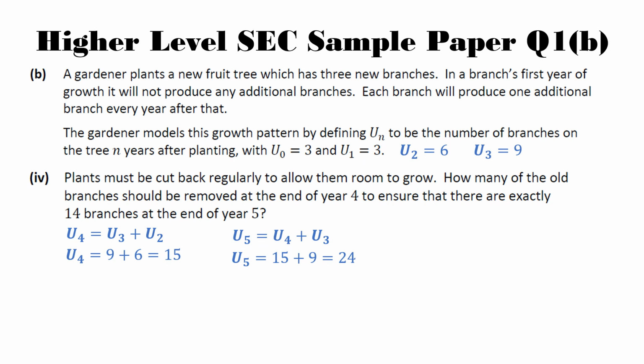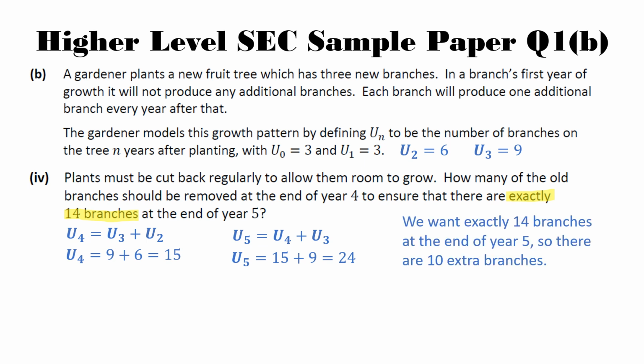So we want exactly 14 branches at the end of year 5, and there's currently 24. So basically there's 10 extra branches in year 5 that we don't want.